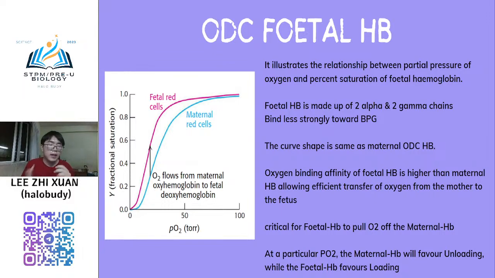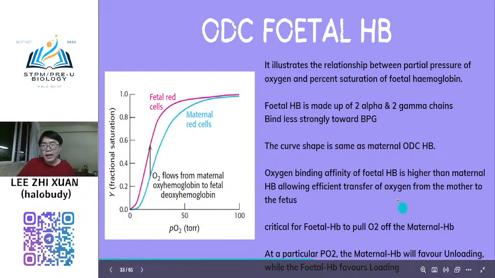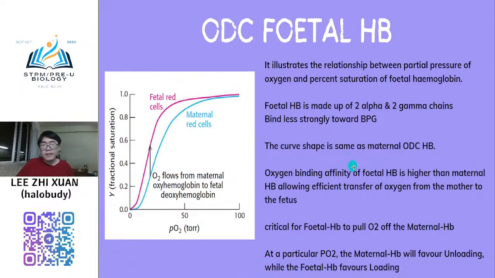Although you have not learned the reproduction part yet, you know the placenta, the structure of the placenta, you learned in STPM. The placenta is the place where gaseous exchange occurs. When the mother's blood goes through the placenta, the oxygen will be released from the oxyhemoglobin, and then this oxygen will go to the fetal part.